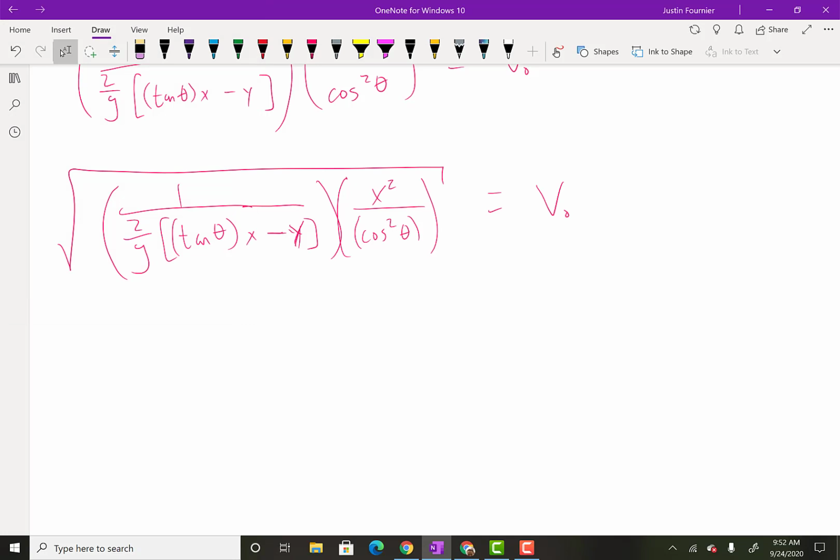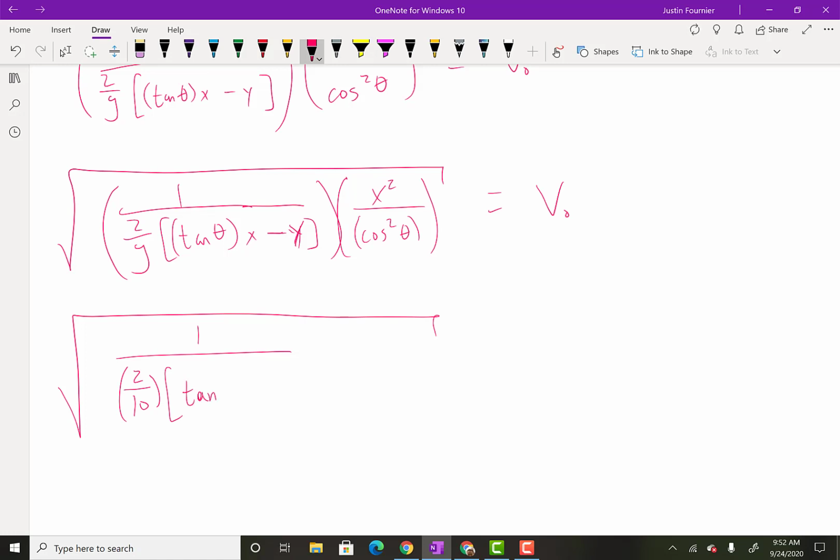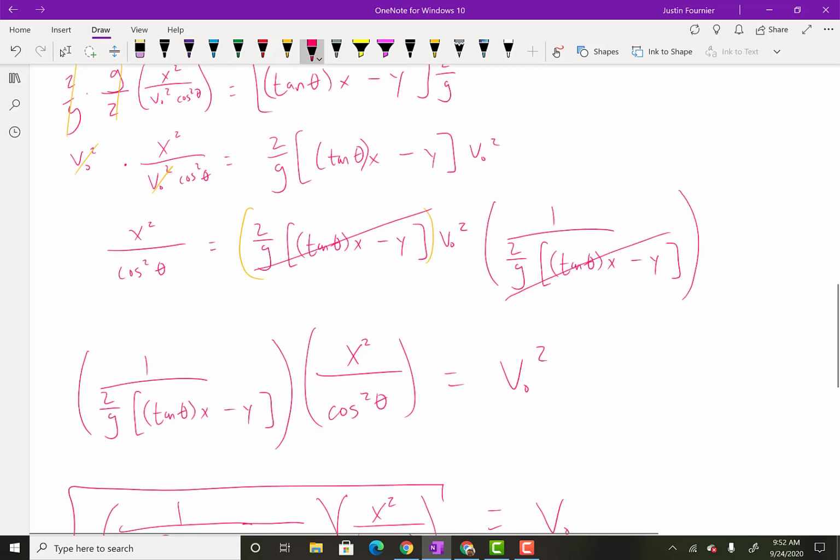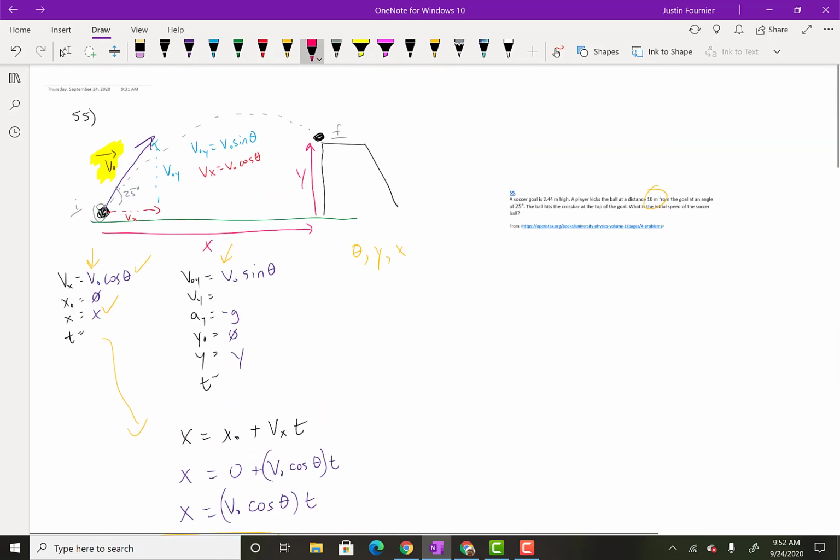Let's see, so plugging all this in, that's going to be the square root of 1 over 2 over 10 times tangent of, I think it was 25, multiplied by x, which was 10 meters away.